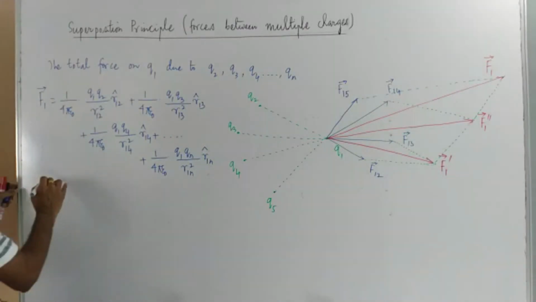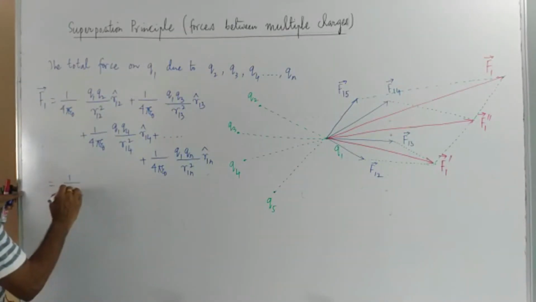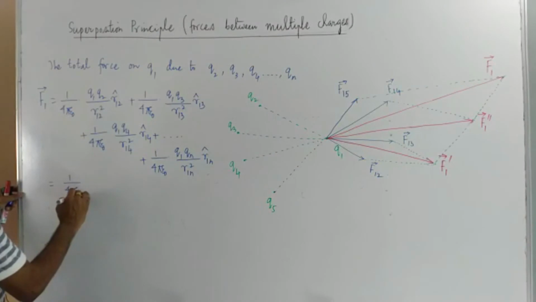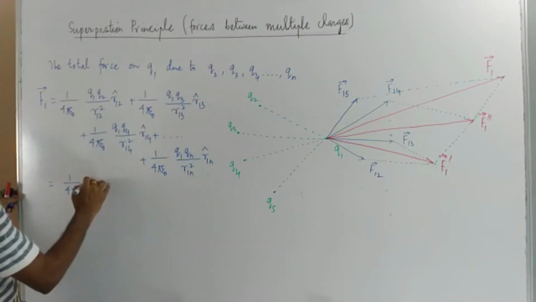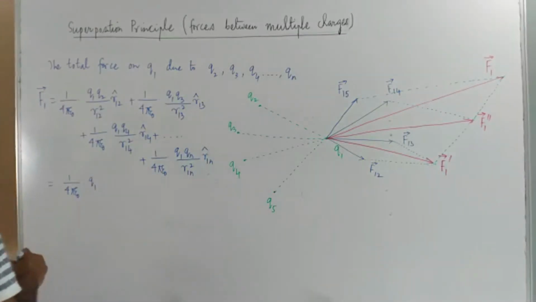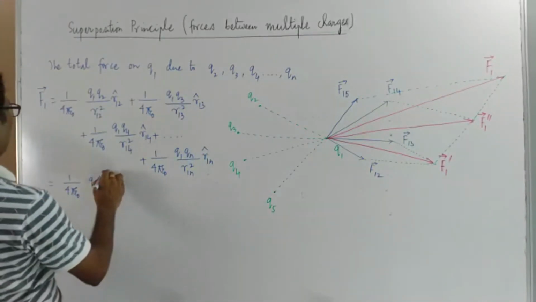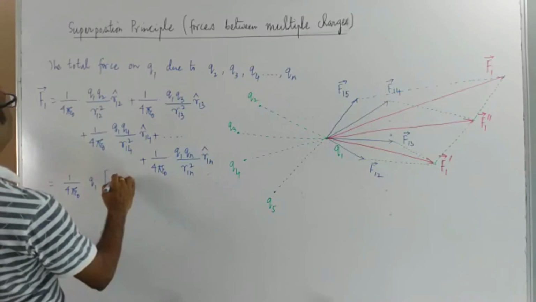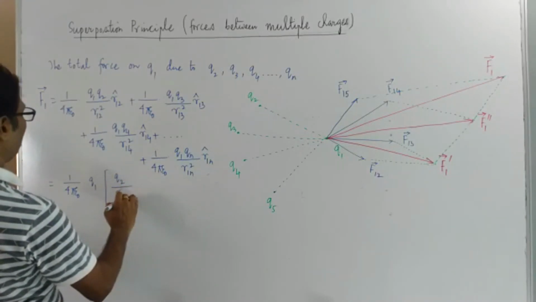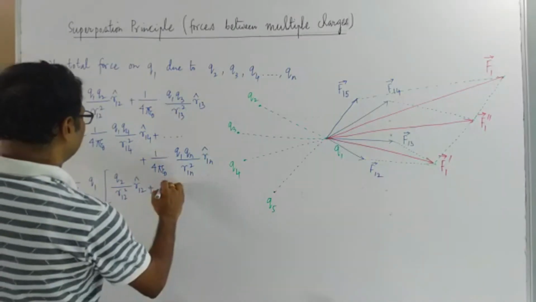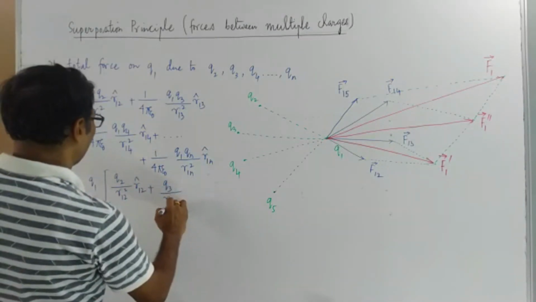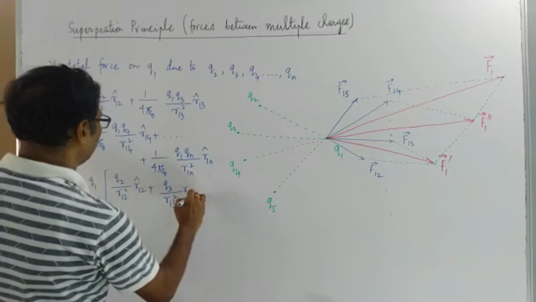So you may simplify this expression as 1 by 4 pi epsilon 0. You can see Q1 is present for all terms. So take Q1 common. You have Q2 by R12 square R12 cap plus Q3 by R13 square R13 cap.